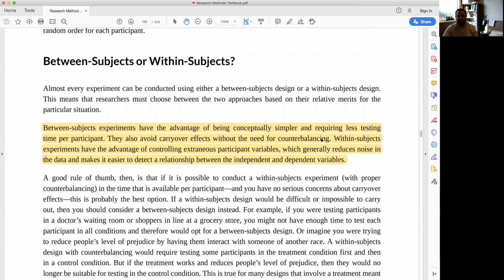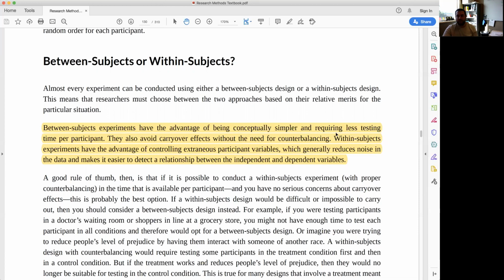Some other ones listed here for within is that a pro would be that you typically don't need as much money or resources to give out because you have one person that is doing every single condition. So let's just say you have 4 different conditions. Maybe you need to get 30 data points per condition.